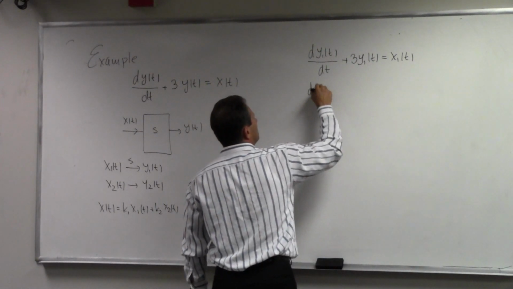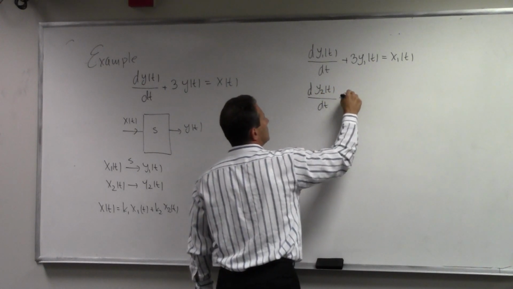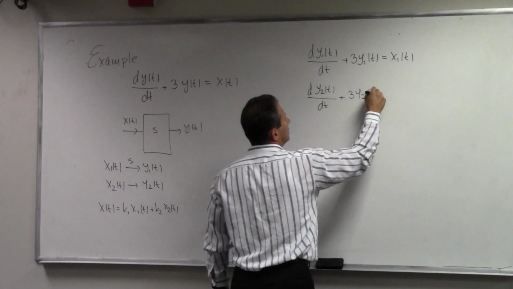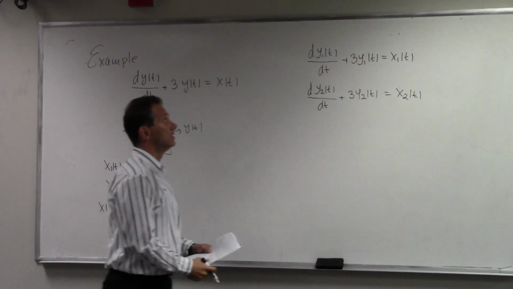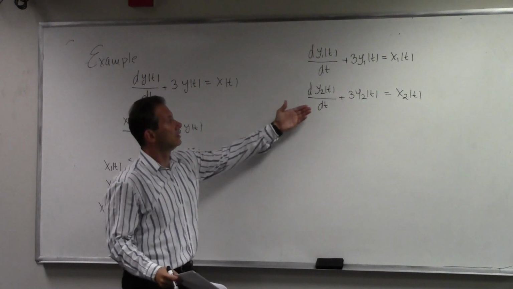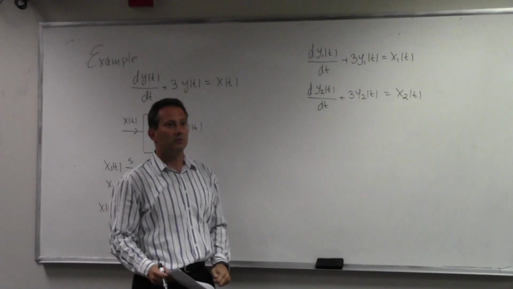Along the same lines, dy2(t)/dt plus 3 y2(t) has to be equal to x2(t). And that statement is essentially saying that the system performs a mapping between x2(t) and y2(t).